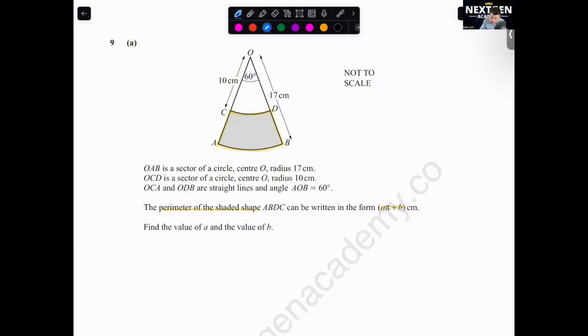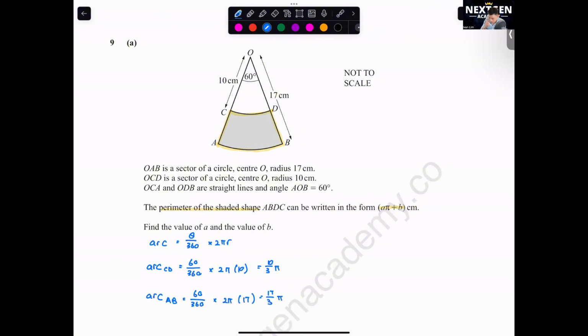Let's find arc CD first. Arc will be theta over 360 multiplied by 2 pi r. So 60 over 360 times 2 pi times 10 will be 10 over 3 pi. The second one, arc AB, is 60 over 360 times 2 pi times 17, which is equal to 17 over 3 pi.